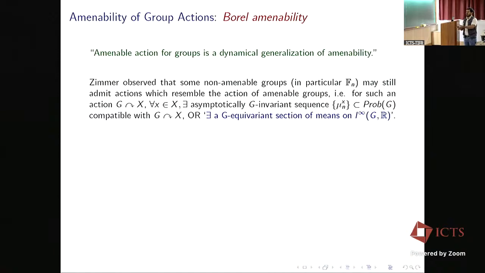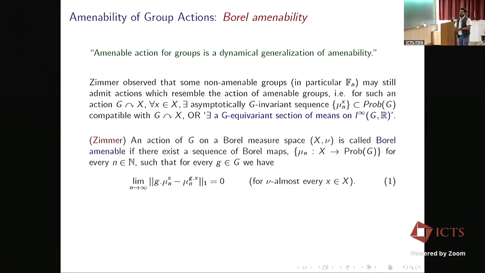In a moment, I will make it clear what I mean by that. So in other words, we will have a G equivariant section, because here we are looking at the action on X, and for each element x, we are assigning a mean. In other words, for each x we are assigning a sequence of probability measures respecting the group action. So by this statement, I mean that there exists a G equivariant section of means on the L infinity of G.